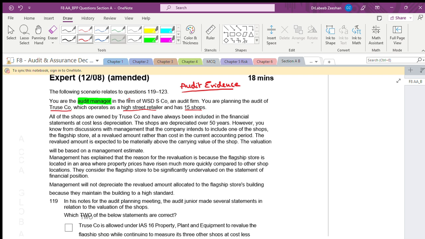Now, in every question you will find a brief introduction about the entity. What they are saying: all the shops are owned by TERS and have always been included in the financial statements at cost less depreciation.